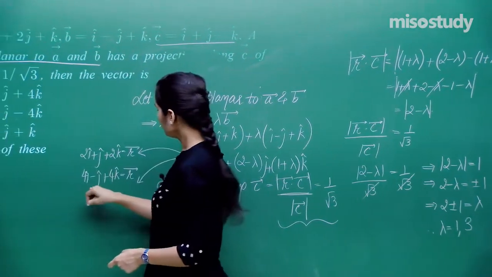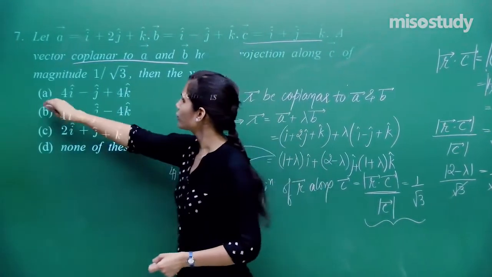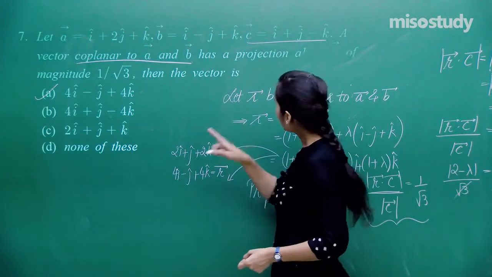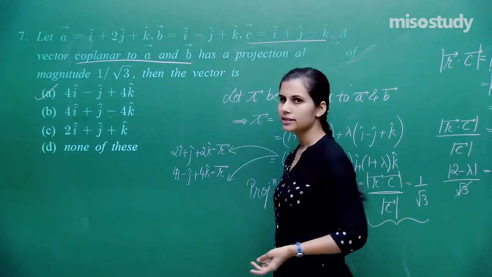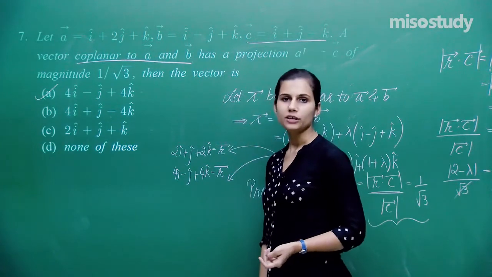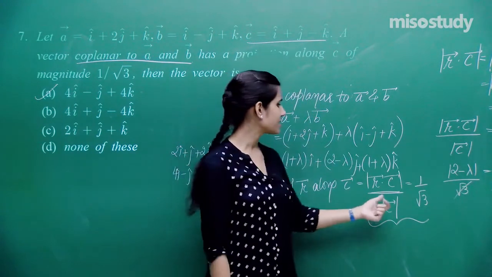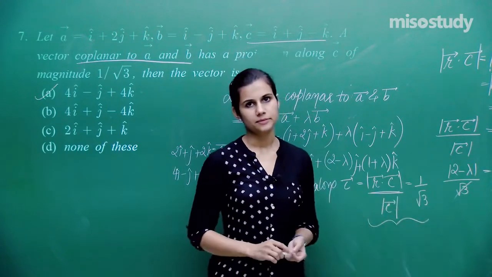I have 4i cap minus j cap plus 4k cap. This will be the R vector, which is coplanar to A and B, and it has projection along C vector of magnitude 1 by root 3. Clear? So that's how you get the answer.